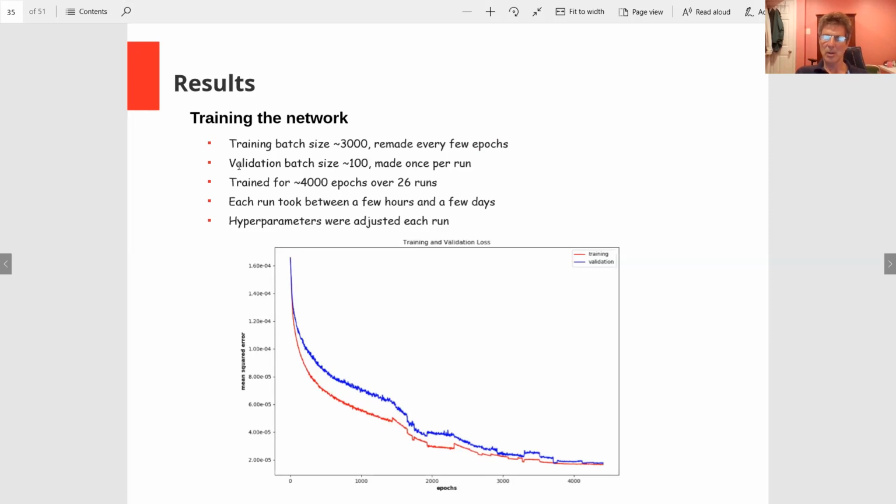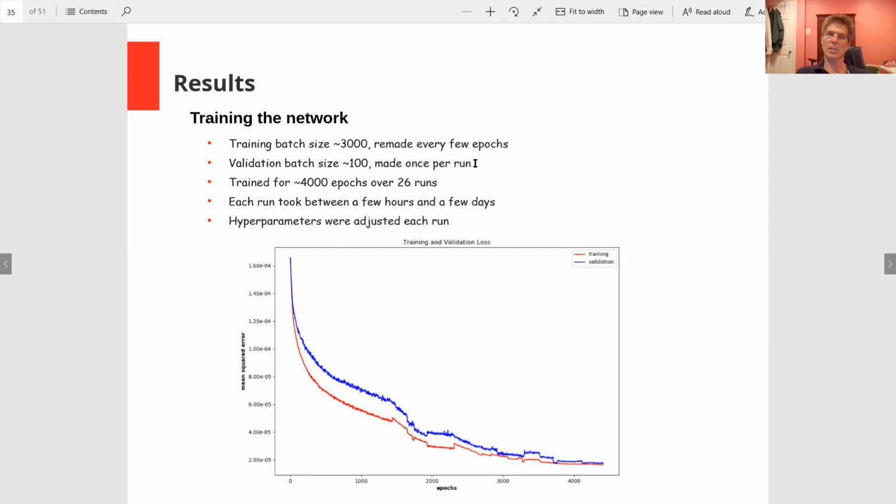And then the validation batch size was only 100. I made that at the start of a run and used that exact same validation batch for the entire run. And by a run, what I mean is a continuous operation of the training without changing any parameters at all.